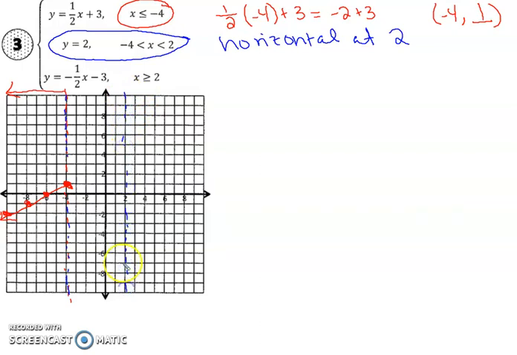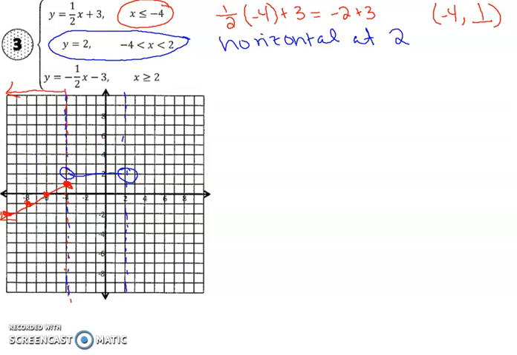So if I'm having a horizontal line at 2 only between those points, are the circles open or closed? Open, because both have no lines underneath it.